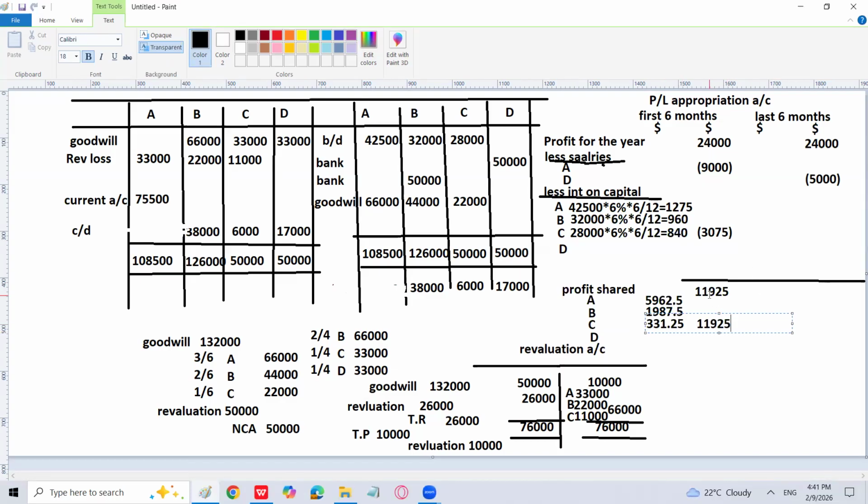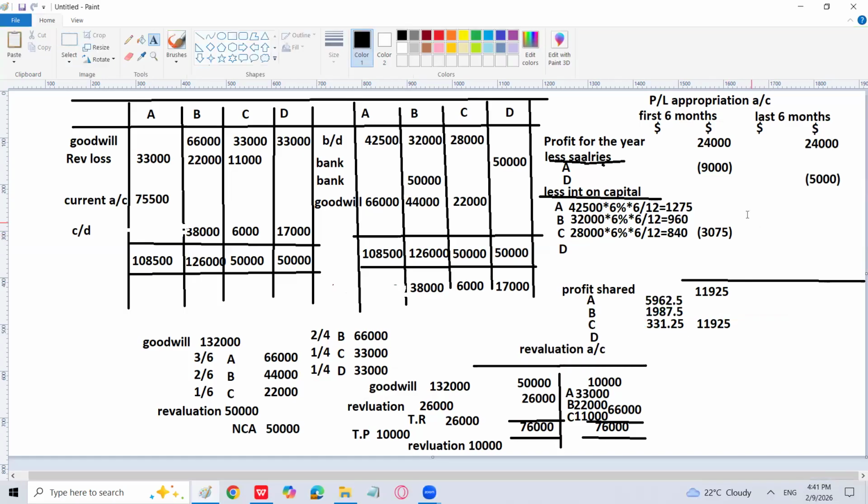Now let's go back towards the next portion. We have to pay interest on capital, not for A, for B, C, and D. The percentage is 6% again, but the capitals are now changed. For B, the capital which remained in the business from 1st January till 30th June 2011, that is 38,000, 6,000, and 17,000. So we have to pay interest according to that criteria. So you have to calculate 38,000.